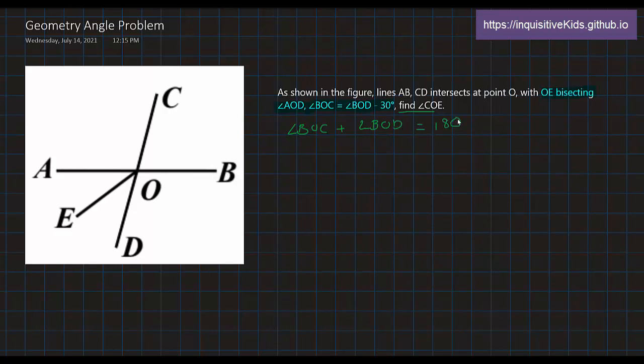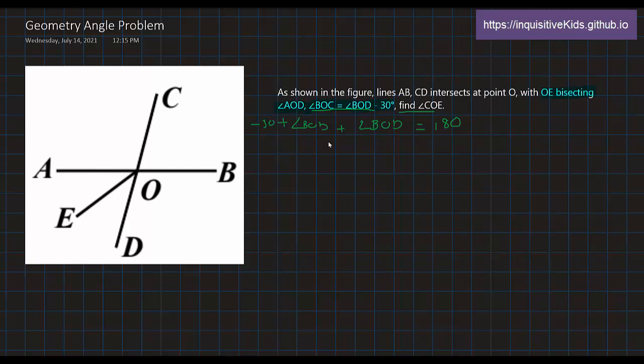I'll just write 180 for that. We also know that angle BOC, we can replace it with angle BOD minus 30. So, with that, I'll just have to do angle BOD, and in the front we can add a minus 30.